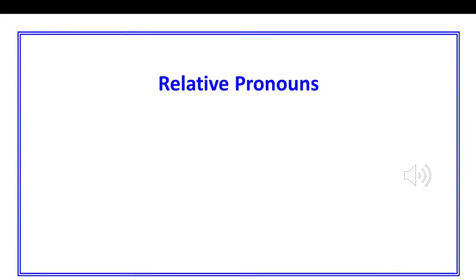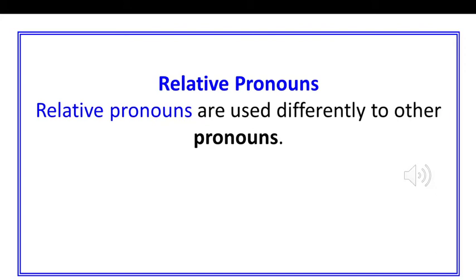So before we start looking at relative clauses altogether, we need to have a look at relative pronouns. So hopefully you remember a pronoun is something that replaces a noun. So if you've got the name, for example, Sarah, you could replace that with she, her, I, they, dependent on the sentence. Relative pronouns are used differently to other pronouns.